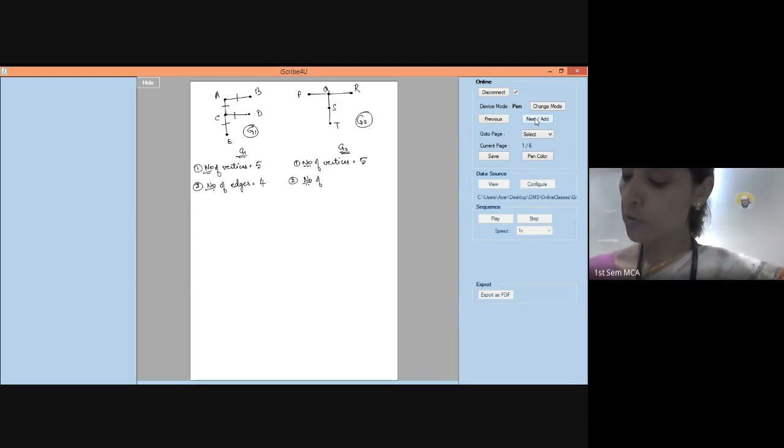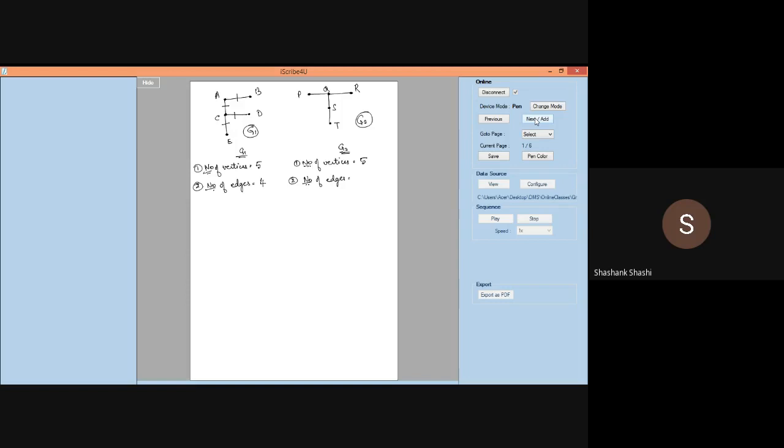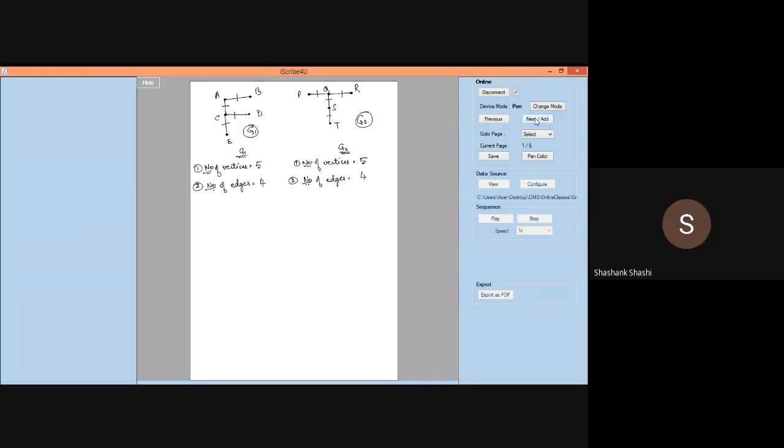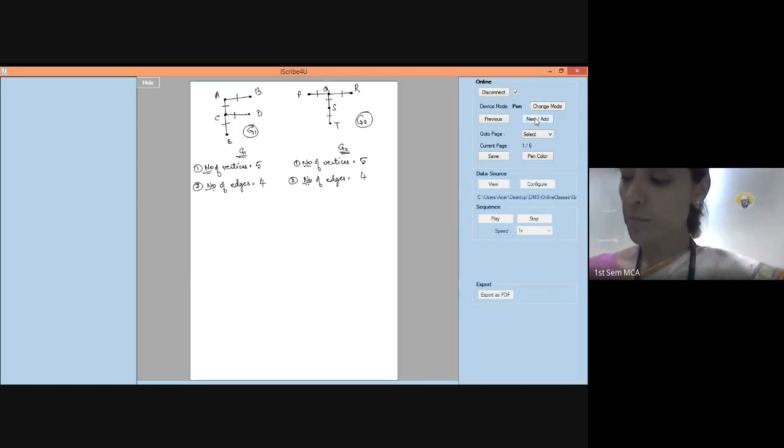Number of edges in G2 is how much? 1, 2, 3, 4. Same, 4. Make some markings like that so that you will not go wrong in finding out the number of edges. Counting the edges, sometimes we may go wrong, so make a marking like this so that you will not be making any mistakes.